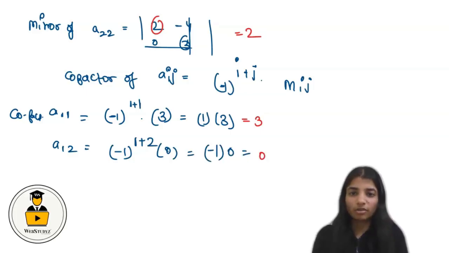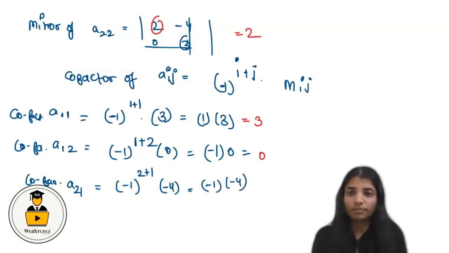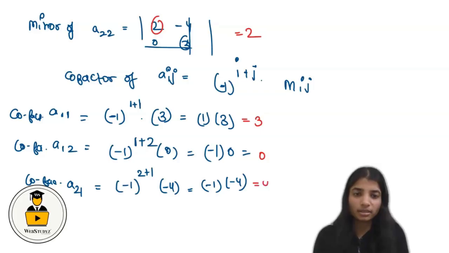Now we are considering A21. The cofactor of this is minus 1 raised to the power 2 plus 1, and the minor is minus 4. Minus 1 raised to the power 3 is minus 1, and minus 1 multiplied by minus 4 is equal to plus 4.